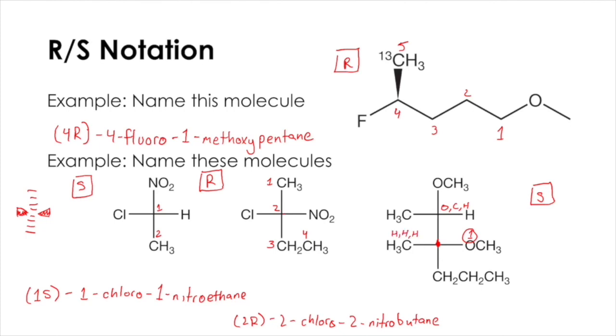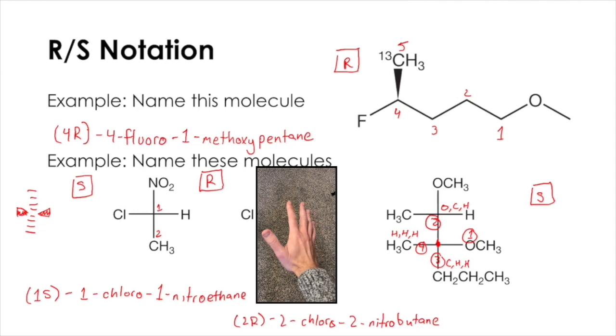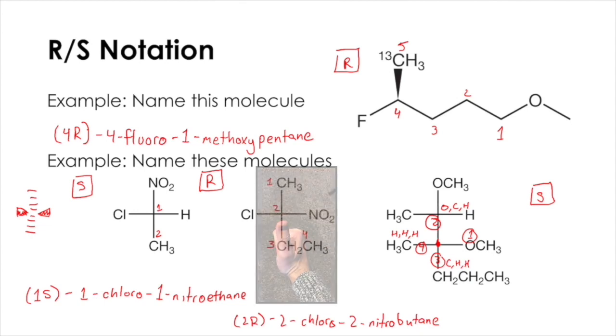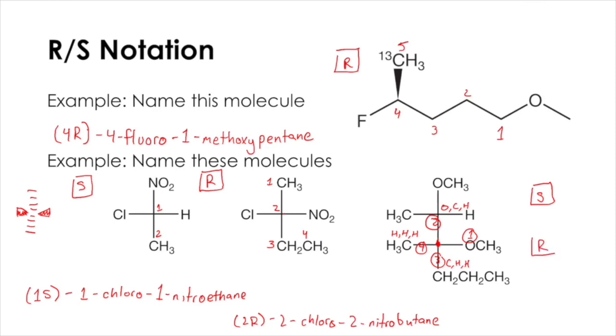And then the bottom group has a carbon, a hydrogen, and a hydrogen connected. And so this group is 2, this group is 3, the methyl is 4. And so now the thumb points toward us again, because 4 is on a horizontal group. The fingers sweep counterclockwise, and that happens on our right hand.